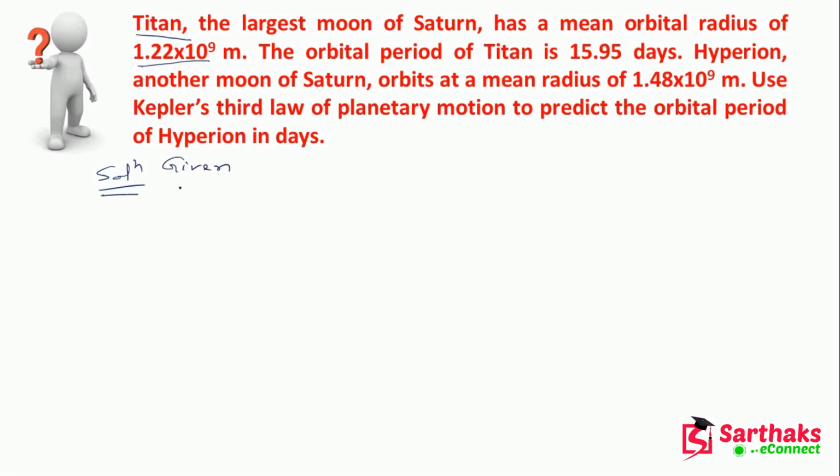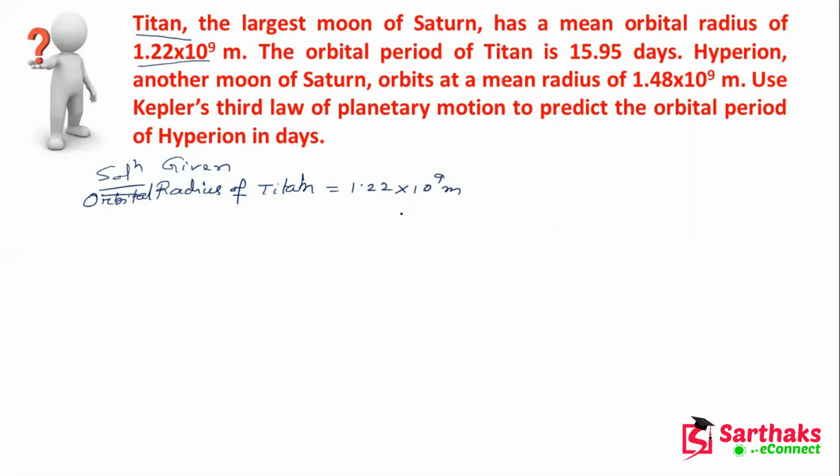So given, Titan is the largest moon of Saturn, with a mean orbital radius of 1.22 into 10 to the power 9 meter. So the radius of Titan, obviously the orbital radius, RT equals 1.22 into 10 to the power 9 meter.